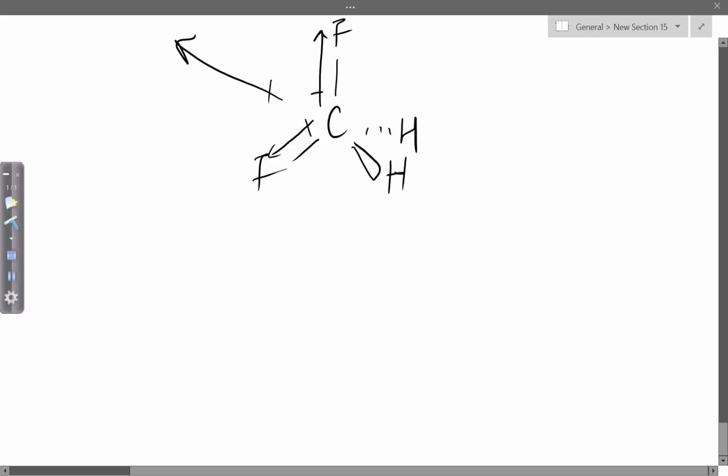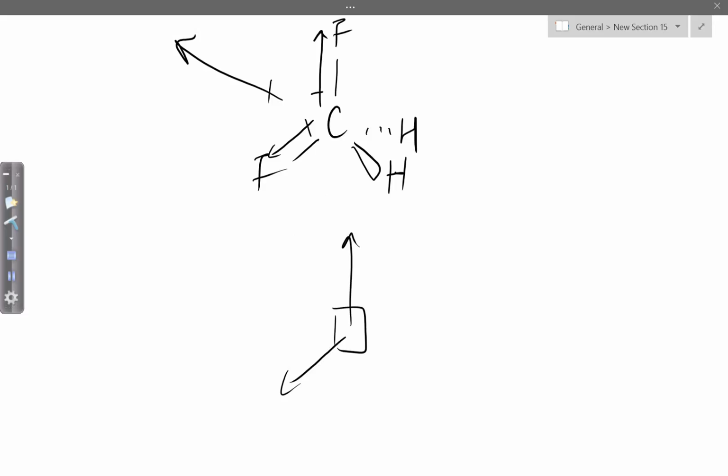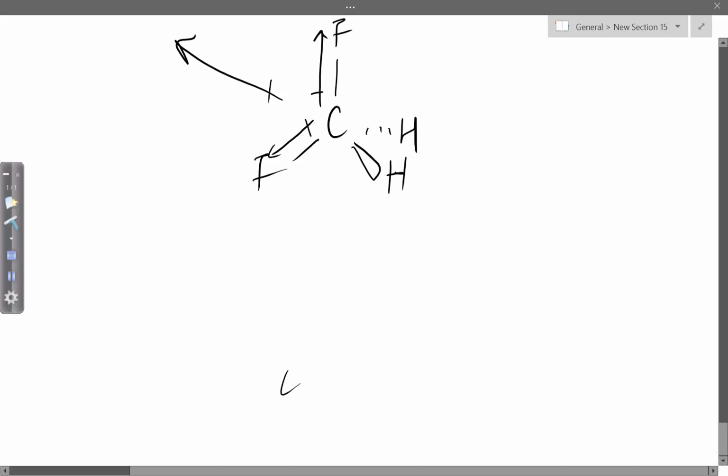So how do you explain this? Just imagine you have a box in the center. A person is pulling here, a person is pulling here, and the other two are not putting any strength. So will this box move? Yes. If it moves, that means there is a net dipole. If it doesn't move, there's no net dipole. This is the easiest way I can explain. So for the first example, yes, it is polar.